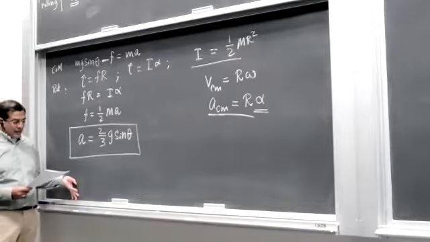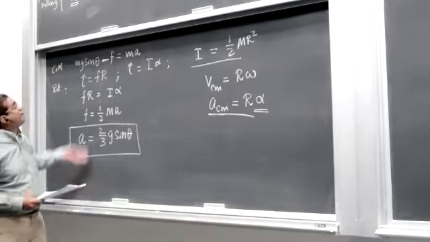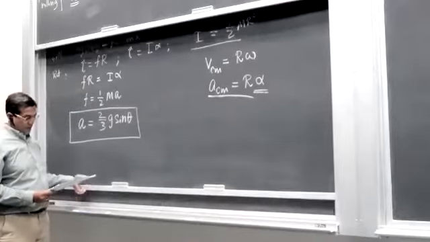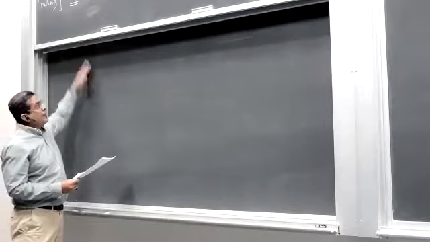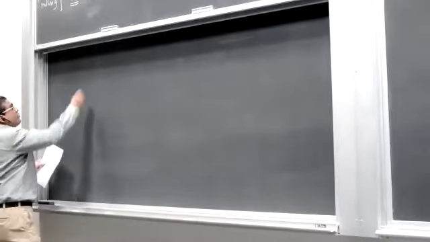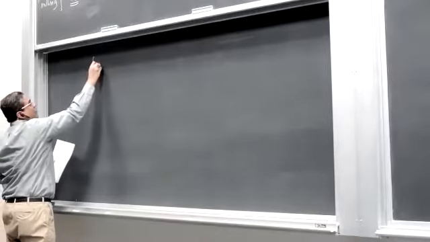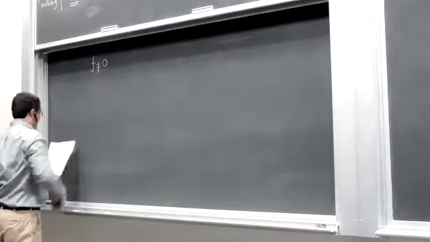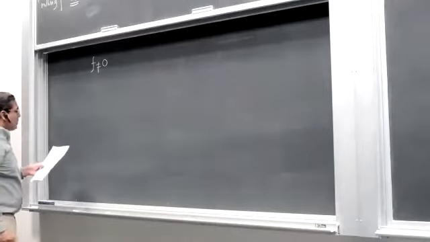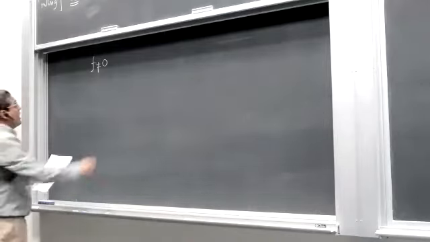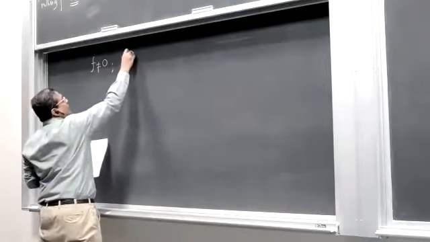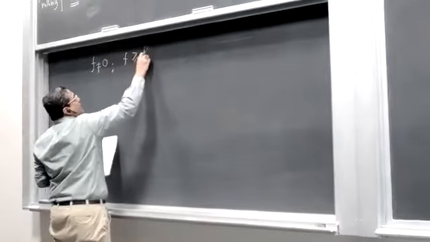So we said that the friction has to be finite, non-zero, to induce rolling. But if the friction is not enough, friction also has to be larger than a particular minimum value.